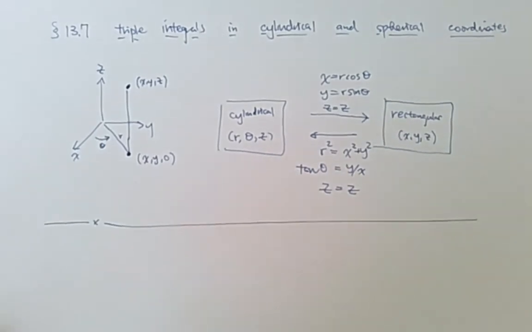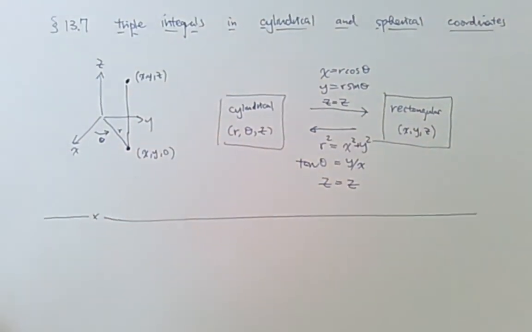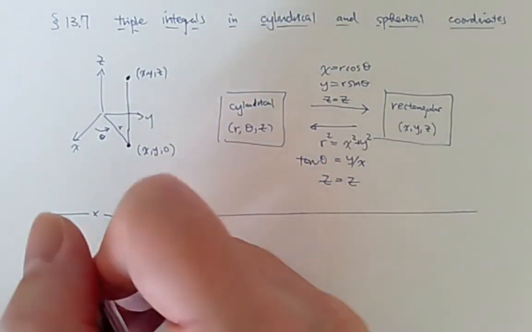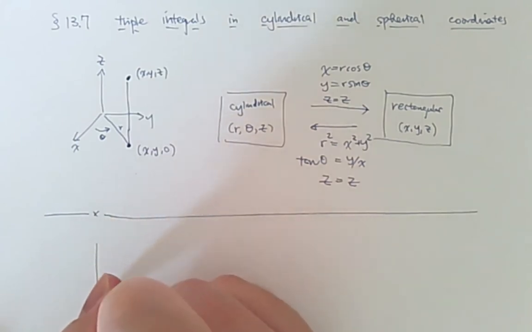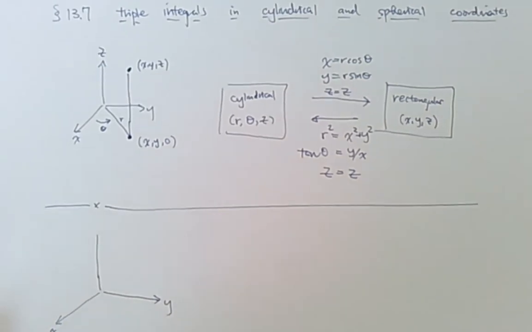So this is cylindrical coordinates. Now, let's consider a second generalization that's called spherical coordinates. The reason why I want to draw this here is so you can see how similar and different these two generalizations are.